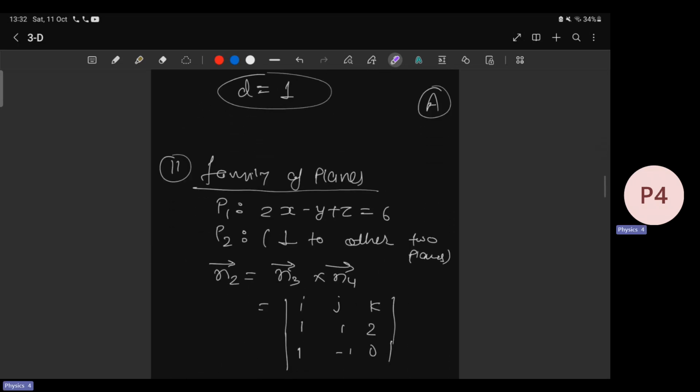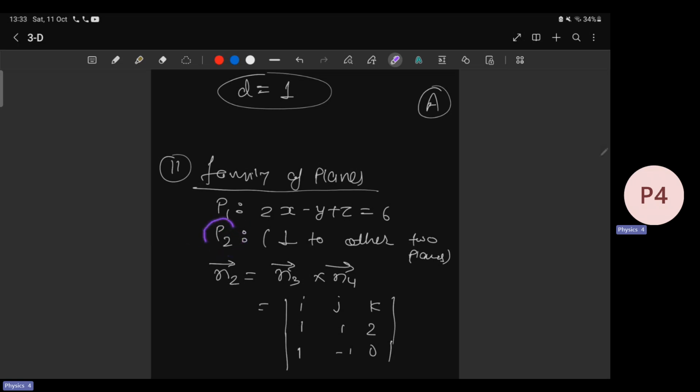Next is question number 11. We have to find out the angle between the plane 2x minus y plus z equals to 6 and a plane which is perpendicular to two other planes. Suppose the other two planes are P3 and P4, and we have to find out P2.